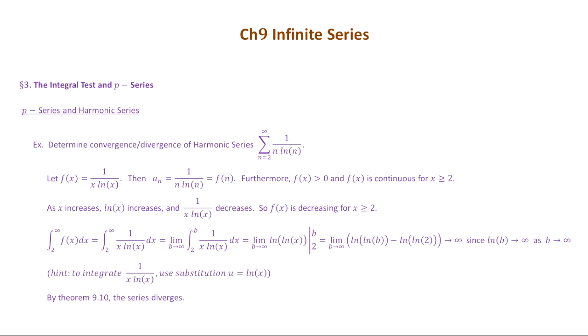But when b approaches infinity, then ln b approaches infinity, as we just talked about before. So then you take another natural log of that, that also approaches infinity, right? So the whole thing just approaches infinity. So the integral is divergent. That means the series also diverges. So this series, 1 over n times natural log n, is divergent.